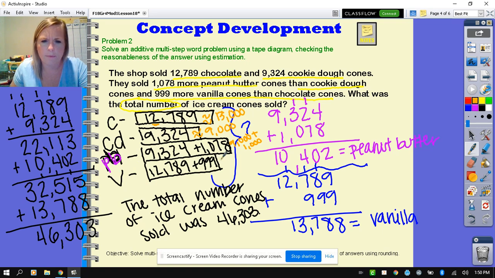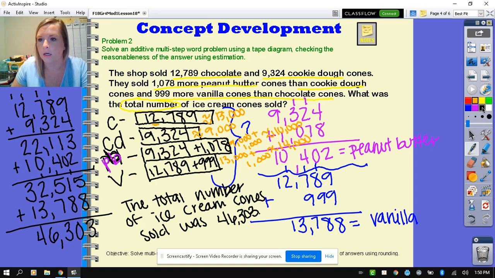And vanilla would have been about 13,000 plus 1,000. Okay, so that should be pretty easy to do now. So we can see here even that 9,000 plus 1,000 is going to be about 10,000. And 13,000 plus 1,000 is going to be about 14,000.